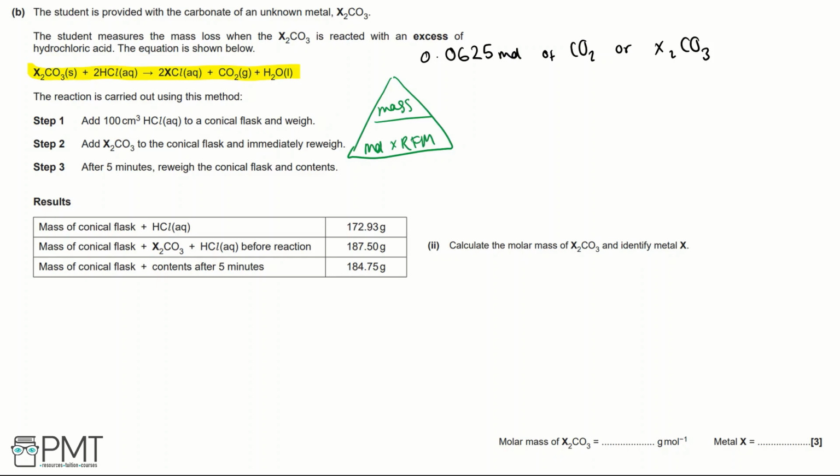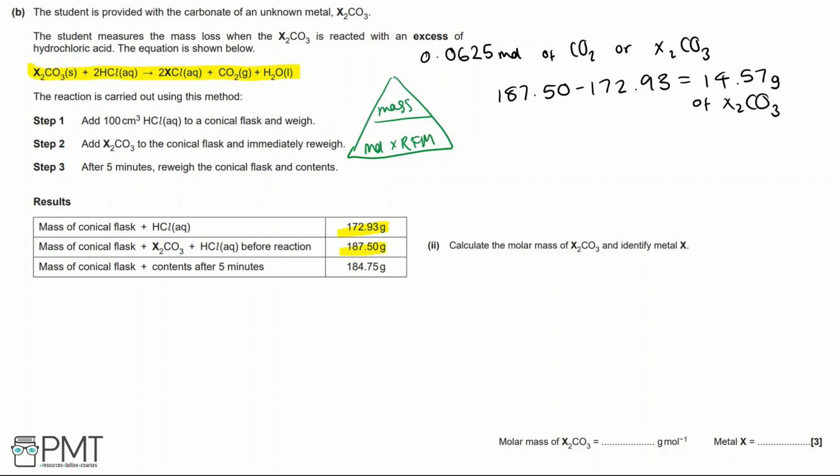So we need to work out the mass of our carbonate first, and we do that by minusing these two masses. So the difference in these two masses is that one has our carbonate and one doesn't. So if we minus these, we've got 187.50 minus 172.93, which is equal to 14.57 grams of X2CO3.